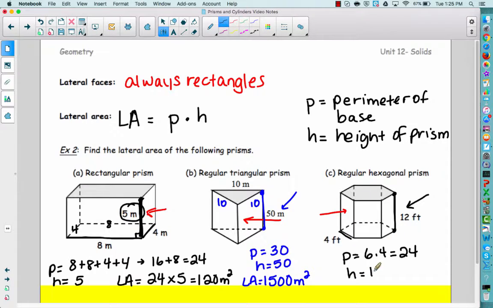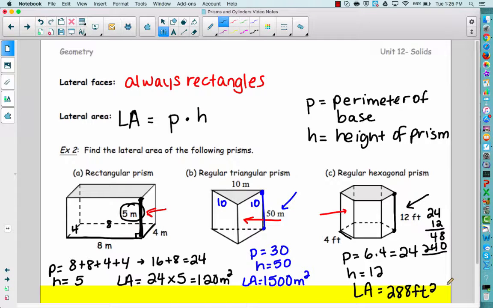So the height would be 12. And so we do 24 times 12. Okay, so I'm going to do 24 times 12 on the side, which gives me 288. So my lateral area, meaning the area of all the sides, is 288 feet squared.